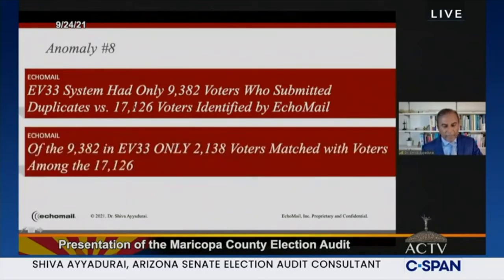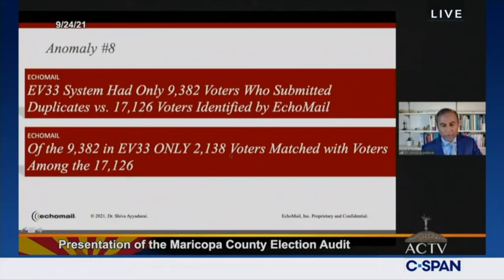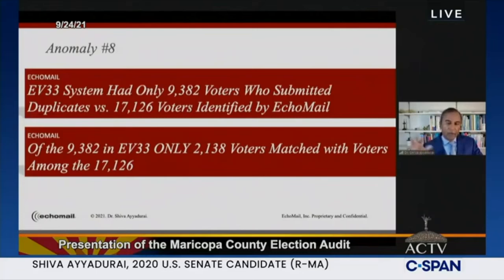But what's fascinating is when we matched those 932 voters against our 17,126, only 2,138 voters matched. Let me repeat that again. The EV33, as we understand, we're not experts, is a system where all the early voting ballots are stored. When that was gone through, it found that 9,382 of those were voters who submitted duplicates. Clearly this should be a subset of ours because we're supposed to have all the early voting ballots. We found out only 2,113 matched.